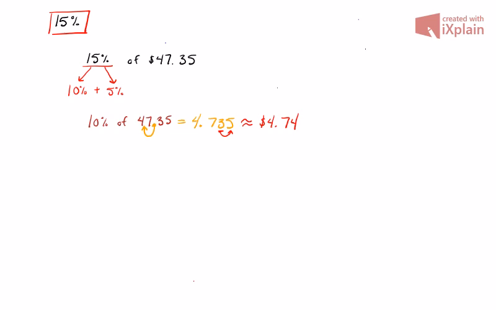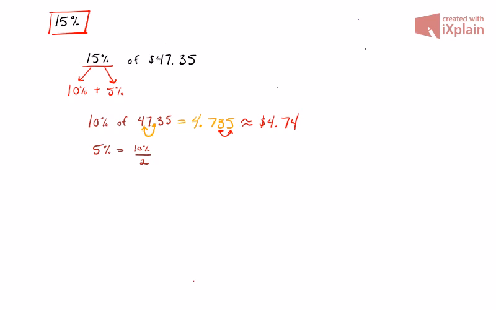Okay, so now we need to think of, well, what would 5% be? Do you all agree that 5% is going to be equal to 10% divided by 2, or in other words, cut in half?